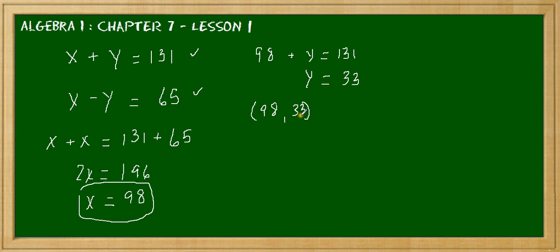So we have 98, 33. 98 and 33, that's the x and y, that's the ordered pair. And this would be the correct answer for both of these equations. Now this equation, we did it using an illustration. I don't expect you to be able to do that illustration.